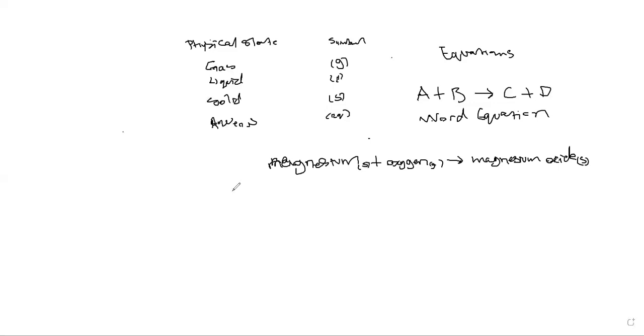Let's move on to balancing equations. Balancing the equation is a process of making the number of each type of atom equal on both sides of the equation.